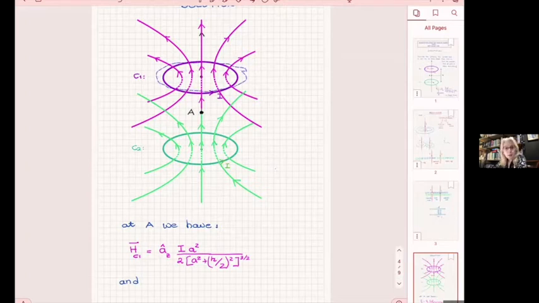On the surface of the loop, all the magnetic field lines align, and they are perpendicular to the surface of the loop. The same thing applies to the second loop.